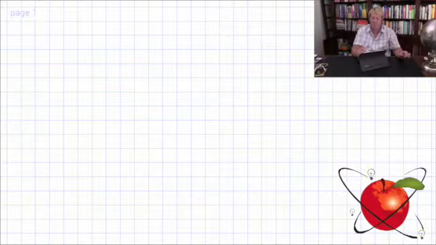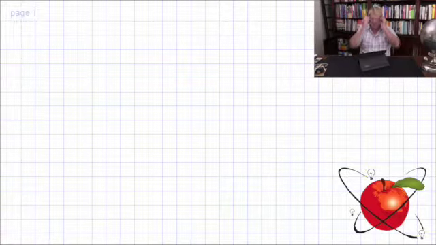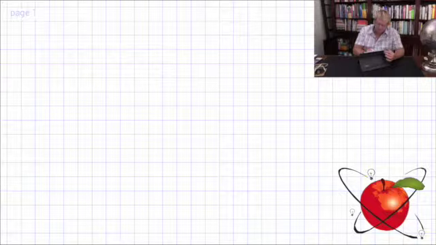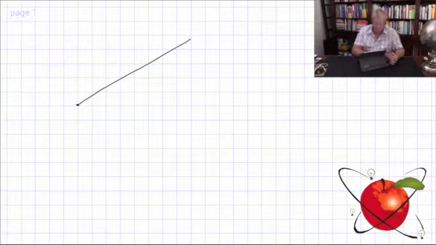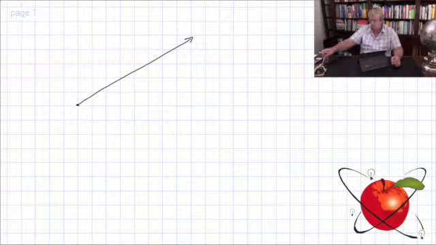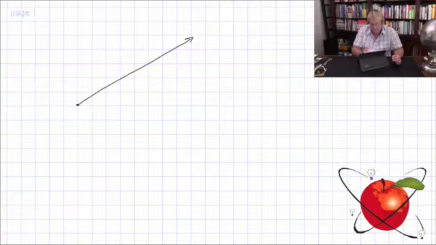Let's put that back to black pen, and now let's have a look at what we've got. Let us say, for example, we have a force acting in that direction, which is what we were looking at over here with the string. Let us say that that force, F, is going to be 100 newtons.